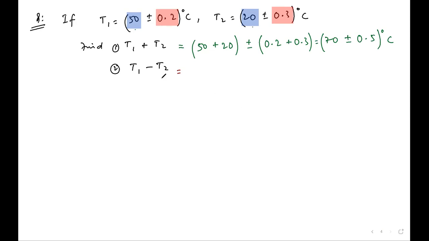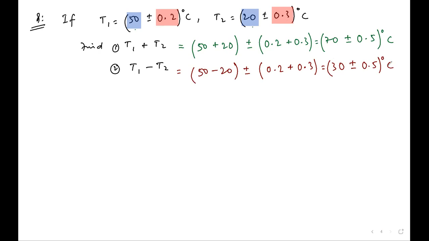Similarly, on subtraction, true part gets subtracted with true part, so it will be 50 minus 20 plus minus. Error will always be added, so it will be 0.2 plus 0.3. So on combining, 50 minus 20 will be 30 plus minus error 0.5.